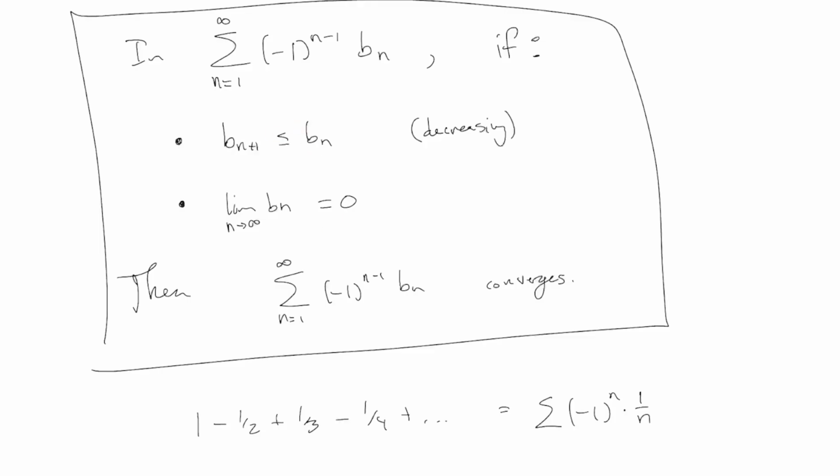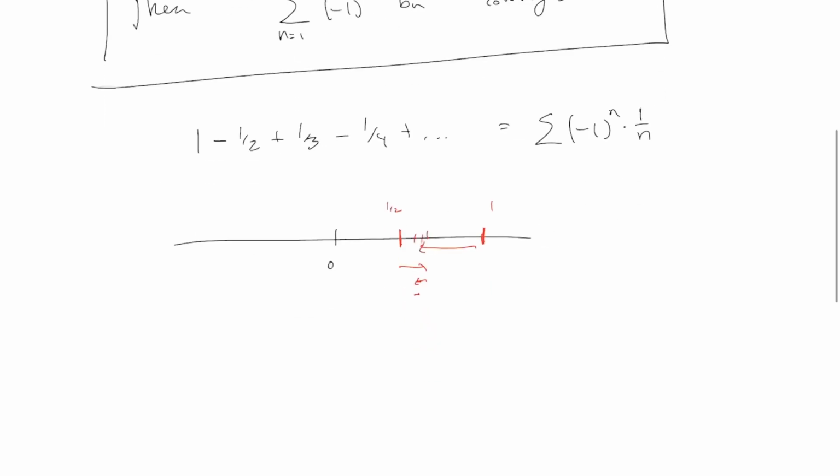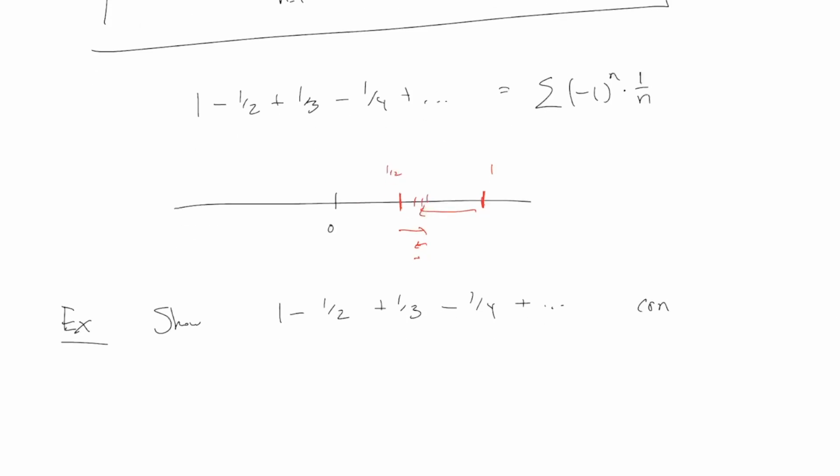All right, so let's try this very specific example. This is a very easy one, but how about we show that this converges? And I want to try and write this out in detail using the alternating series test. All right. There are two parts, and we have to demonstrate each of the two parts.